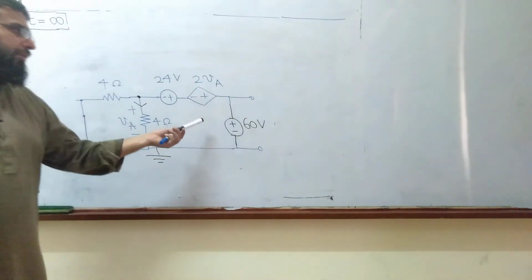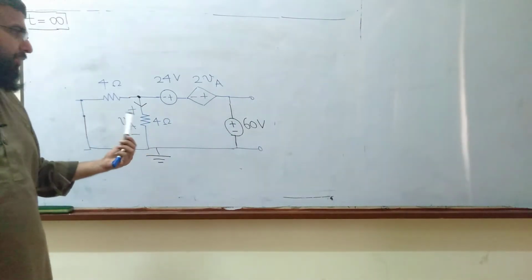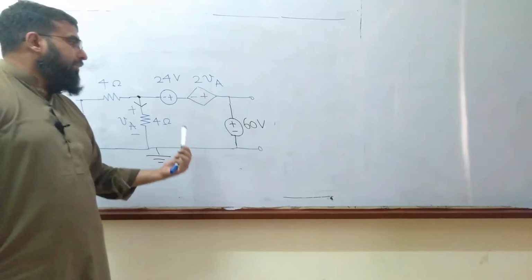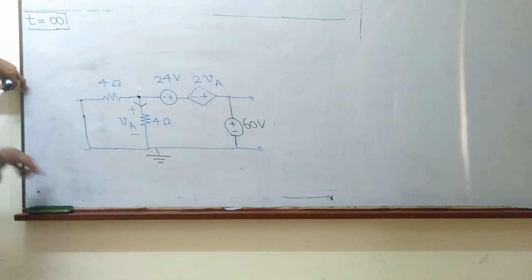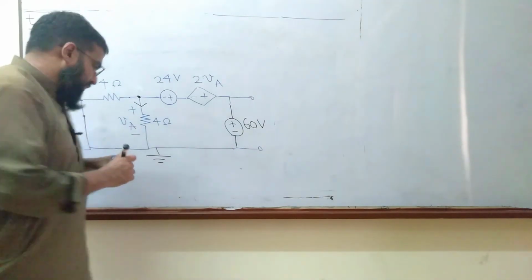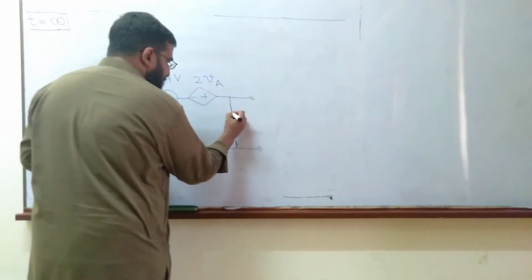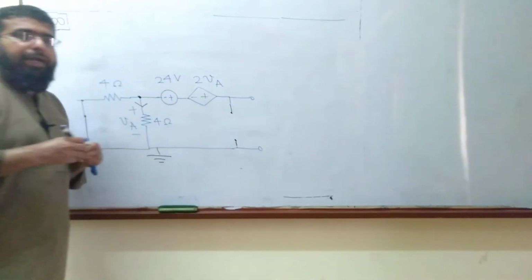As the time goes on, this 60 volt source doesn't retain its voltage, because the topology of the circuit is changed. This 3 ampere current source is no longer in the circuit. Therefore, this voltage drop across the capacitor would have changed. It would be charged again at a new voltage.